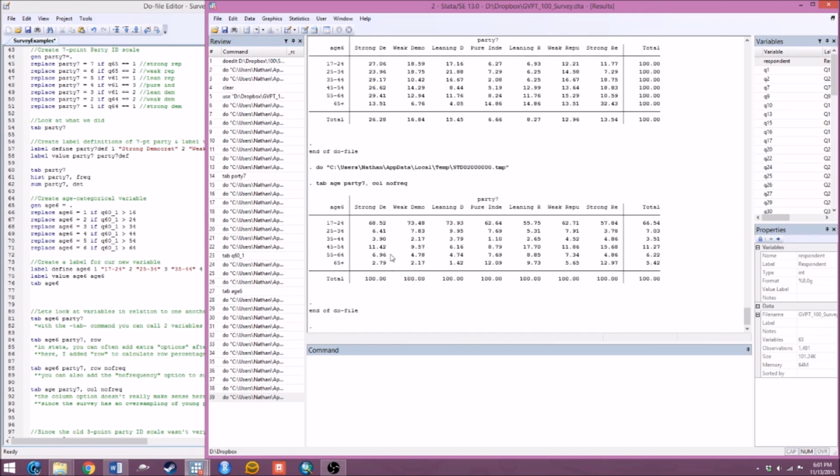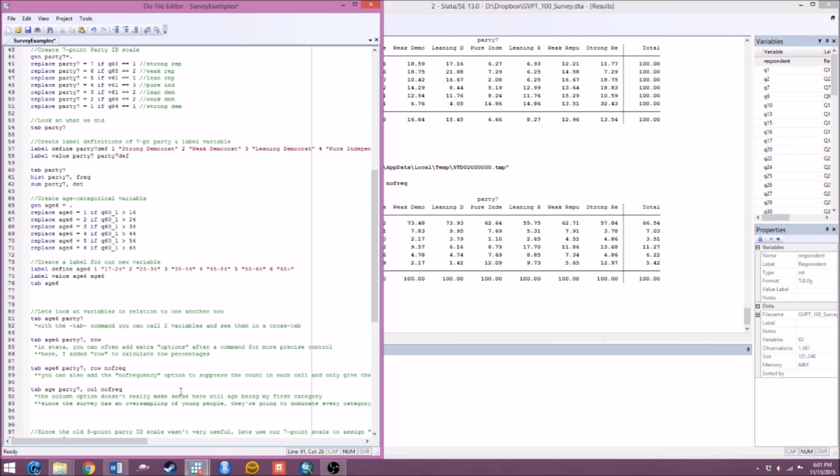If you guys mess that up in your homeworks, I will help you fix it and maybe explain again why we need to flip it. You can use the column command if you really wanted to, but you would need to flip this, right?